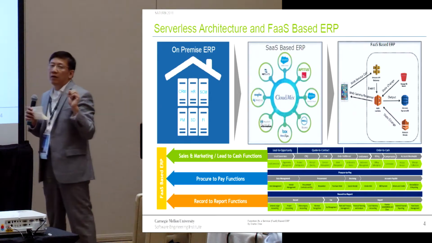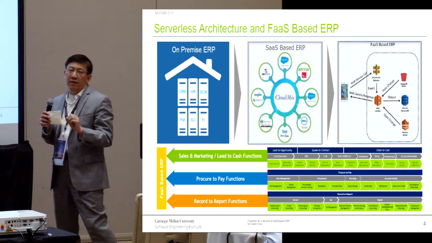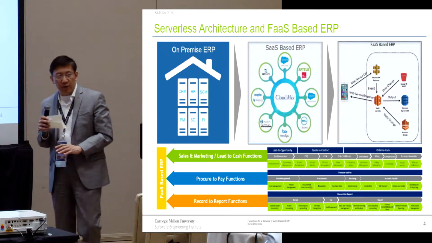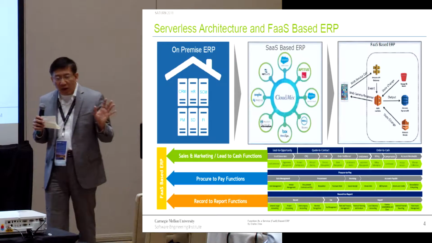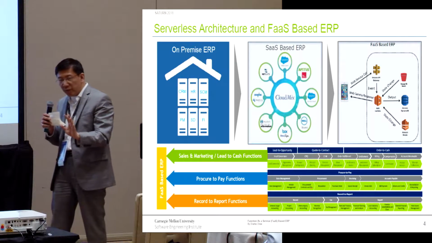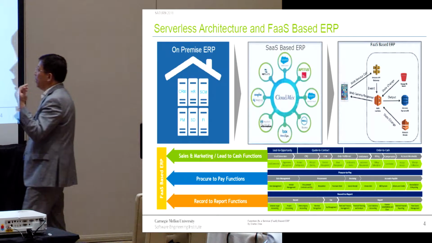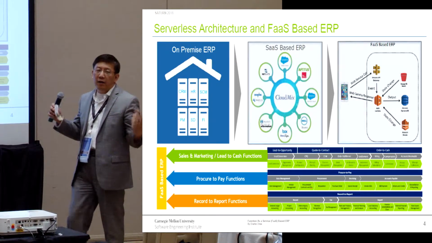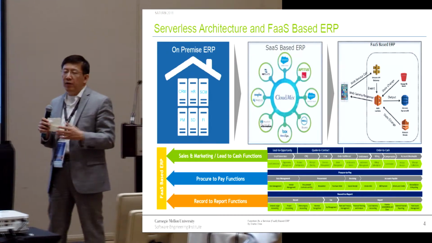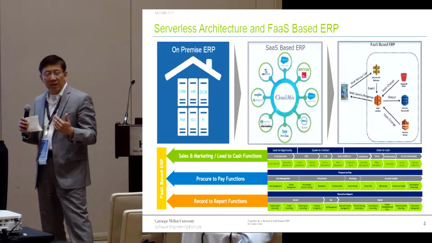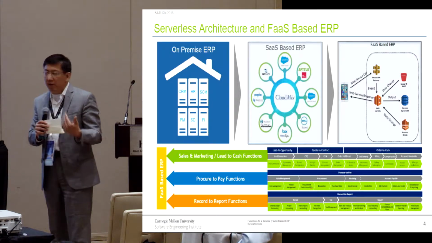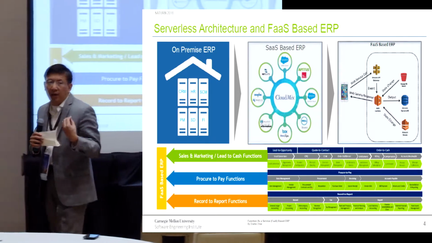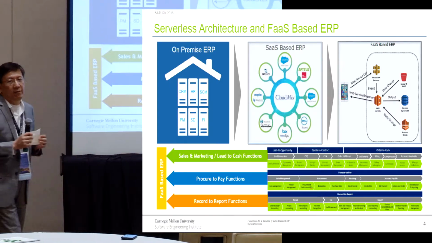In the middle is really a SaaS, service or function-based ERP. And in that way, what you can do is take the top brands, like Salesforce, right, for the CRM, and you can use NetSuite for the financial services, and you integrate them together and build a cloud, mixed kind of ERP, and then you can abstract certain functions to really tell your business needs, and that can be done easier.